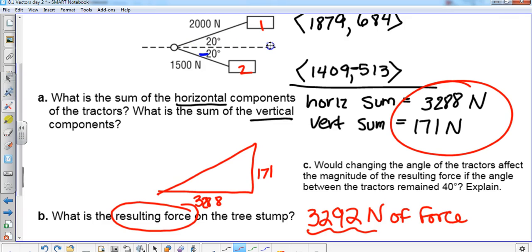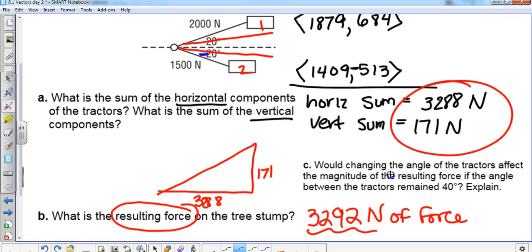It would be more force, right? Because if this was only 10, they're acting more in the same direction, right? You could get 3,500 newtons of force if they were pulling in exactly the same direction, yes? Okay? So the closer they are to the same direction, the more force we're going to get to combine.